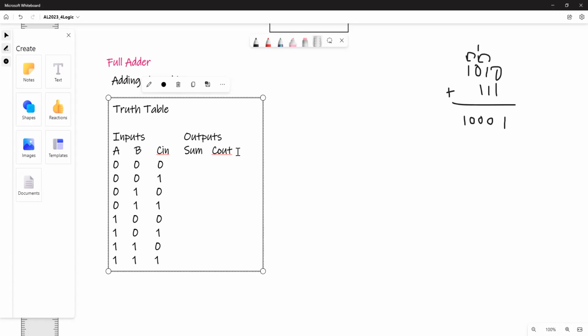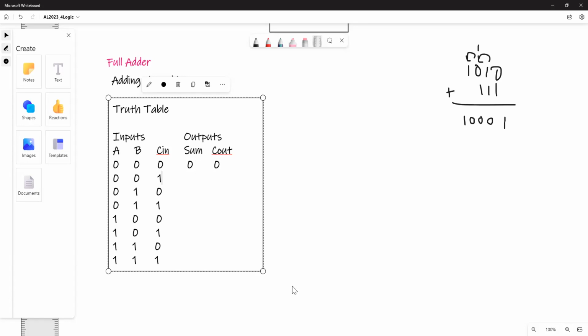Right. Now for the summation, we know when we add 0, 0, we'll get 3 zeros. Sum will be 0, right?